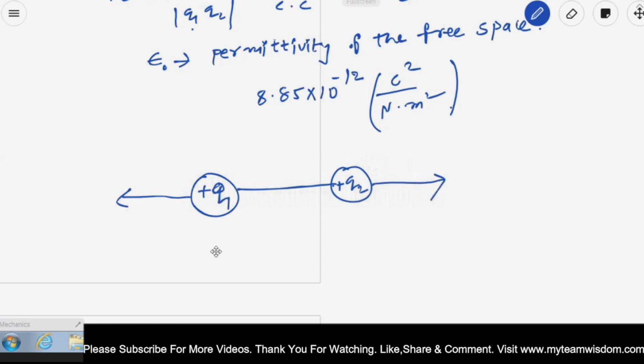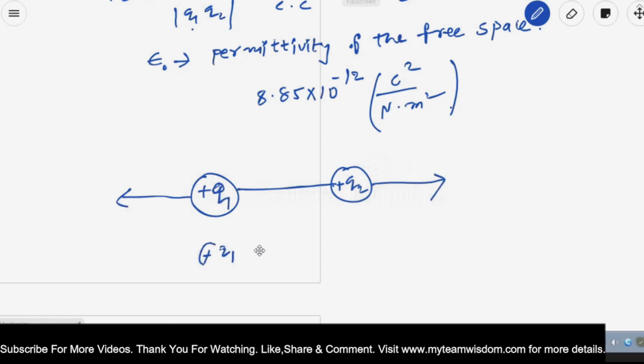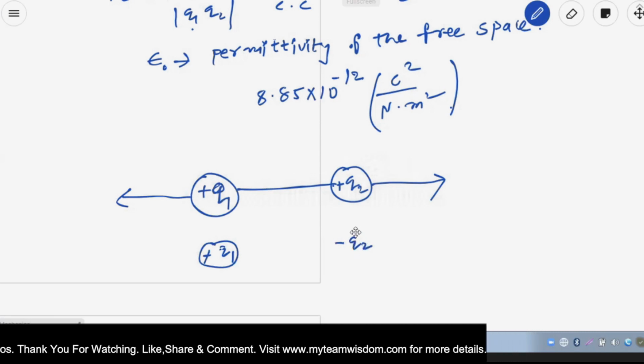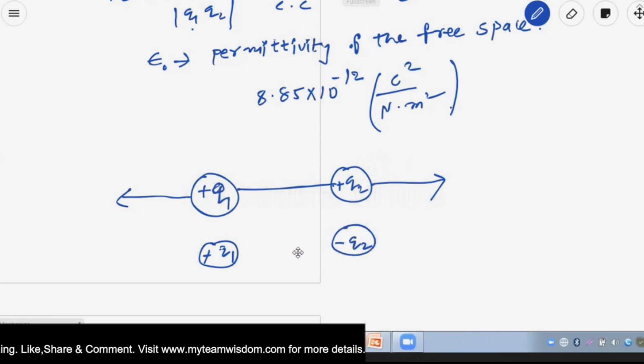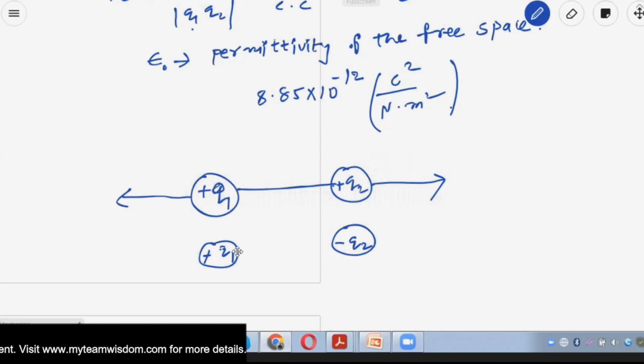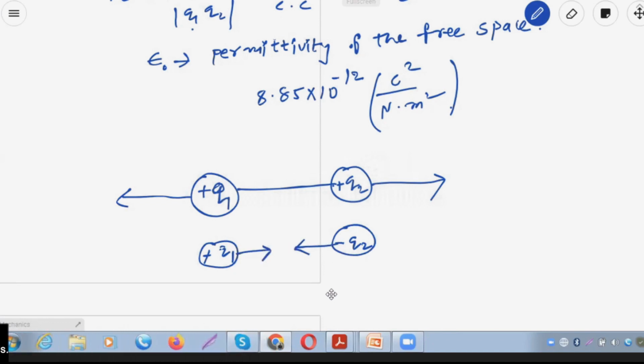Suppose you take plus Q1 and minus Q2 like this, there will be an attractive force like this.